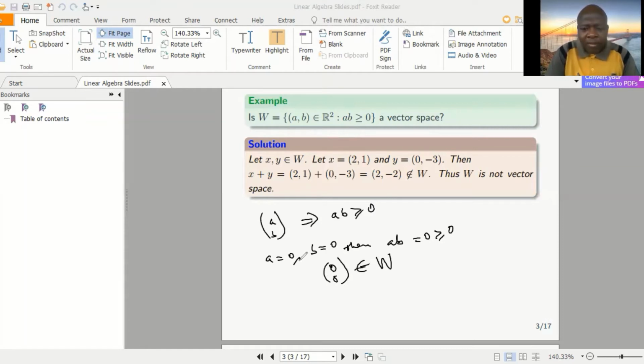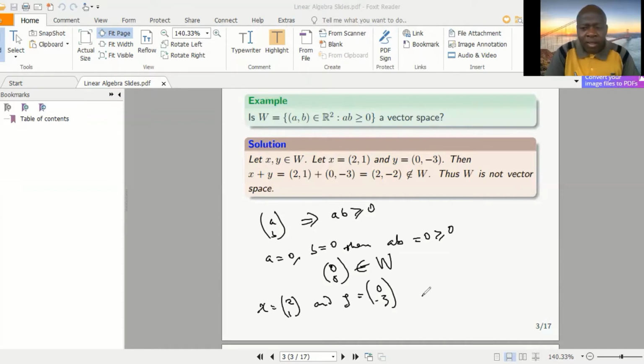The 0 vector is in W. That means the first condition is satisfied. So I have no problem with that. I want to see if they'll all be satisfied. Now let me choose another vector. If I was to choose x as 2, 1 and y as 0, -3, and I want to check the additive closure.